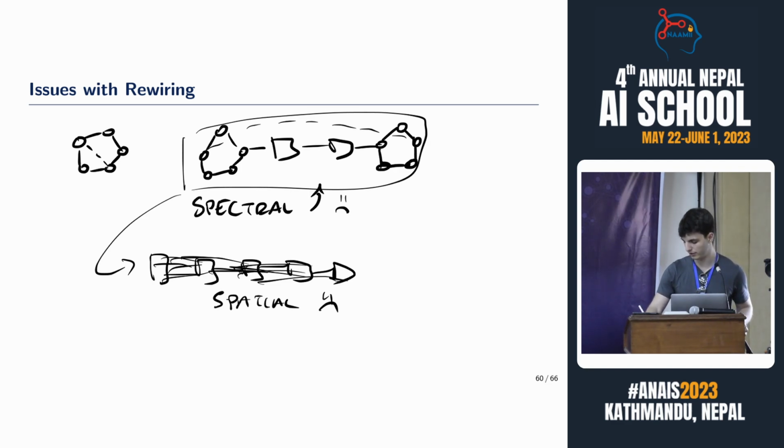Now imagine a chain of molecules, like it's another molecule, and these are all a big chain. And now my rewired edge will look something like this, right? So I'm just trying to maximize the spectral gap on this graph with a single edge. If I do this with a spectral rewiring, so let me just write this, spectral.